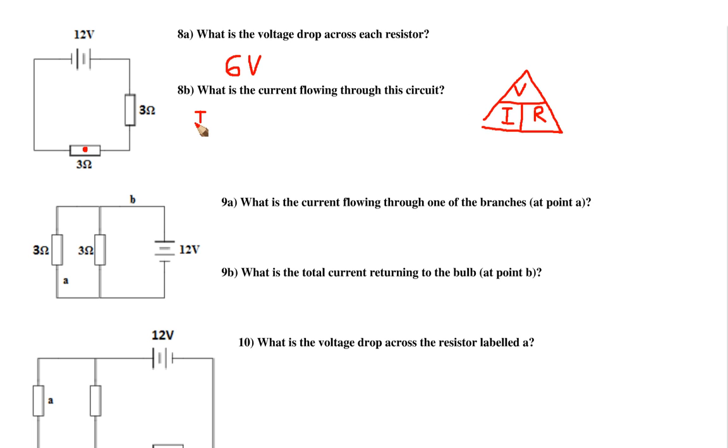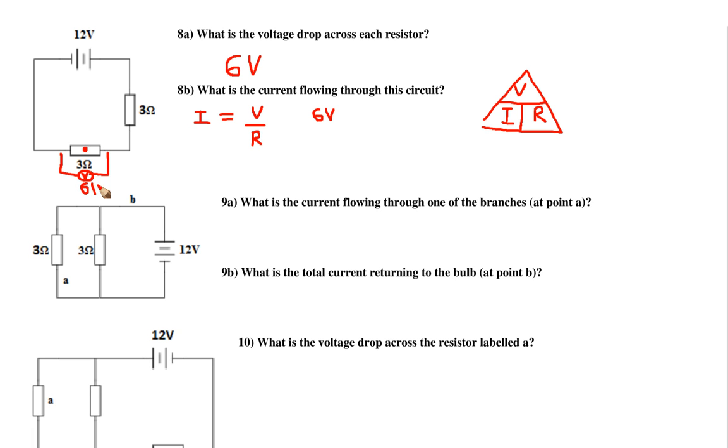So I say current equals voltage divided by resistance. And so in this case, it's 6 volts, because remember the voltage drop across one of these resistors was 6 volts.